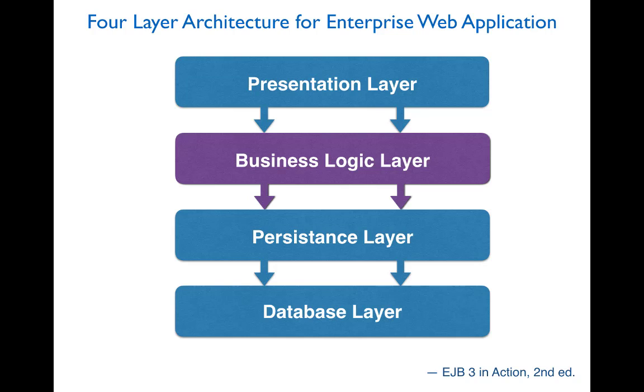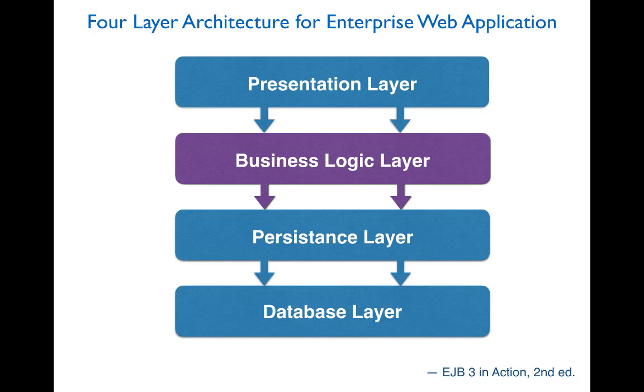Here, the presentation layer is the user interface. It may be a browser or a desktop application. The business logic layer defines the business rules. The persistence layer deals with interactions with the database, and the database layer consists of a relational database like MySQL that stores the persistent objects.